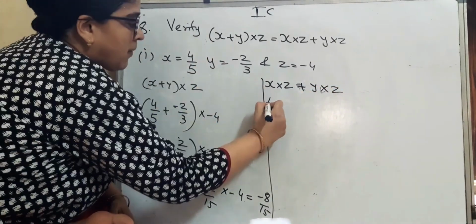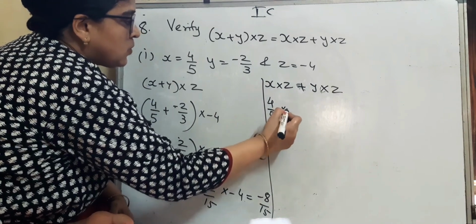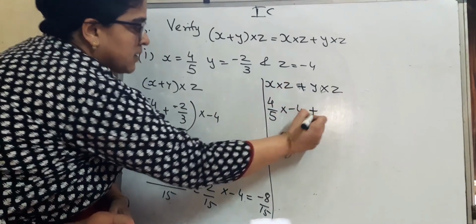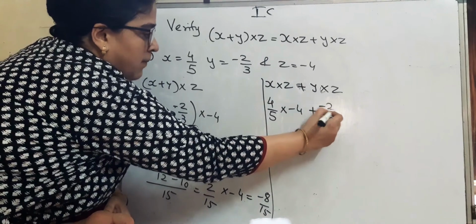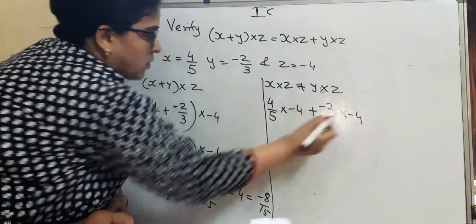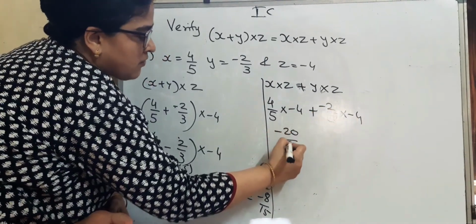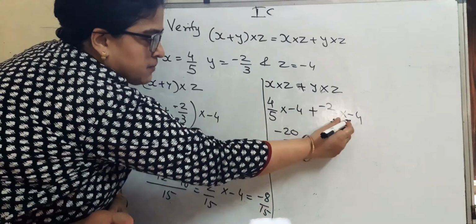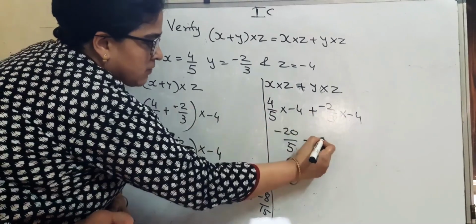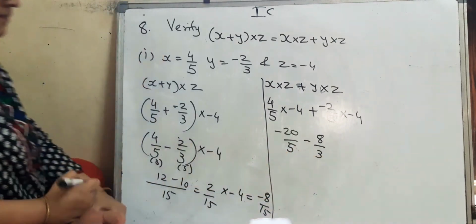X value 4 upon 5 into z, minus 4. Y value minus 2 upon 3 into minus 4. So minus 20 upon 5, minus minus plus, and plus minus minus, 8 upon 3.